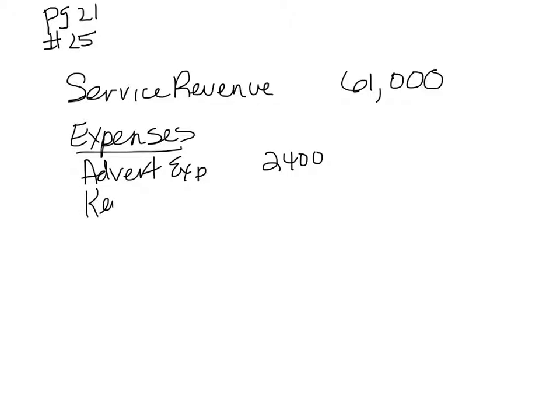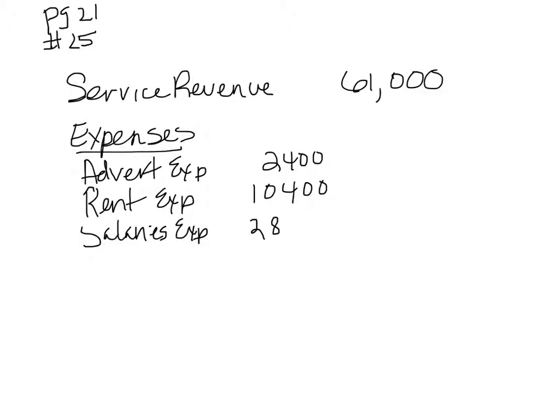We have rent expense, which is $10,400. We have retained earnings. Doesn't go on here. Remember, only revenues and expenses. Salaries expense, $28,000. Service revenue we picked up already. Utilities expense, and I always spell utilities wrong, for $1,800.